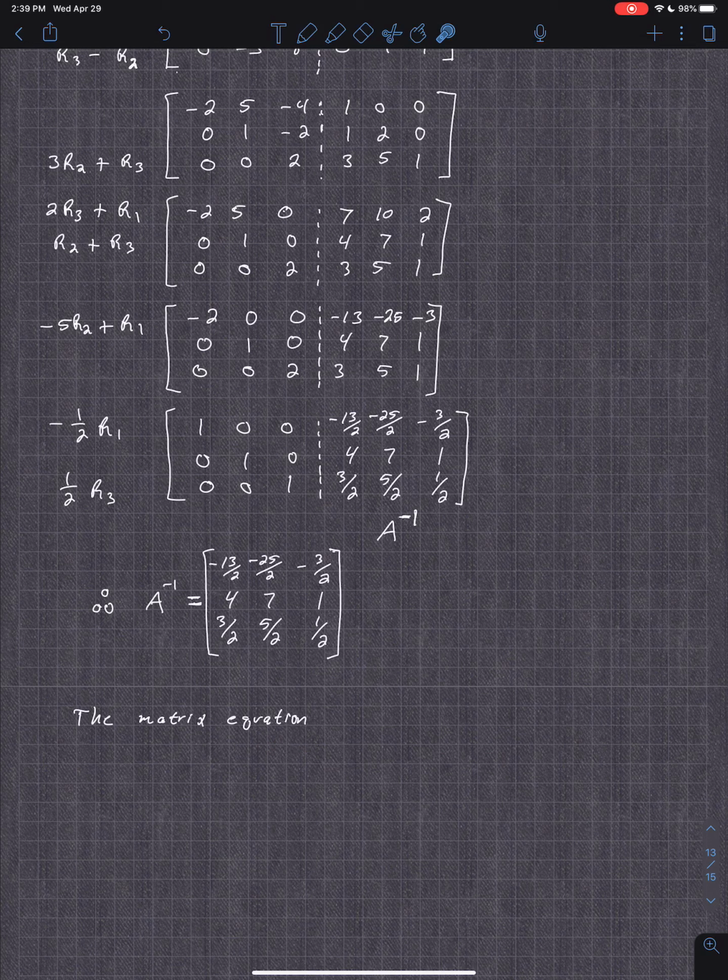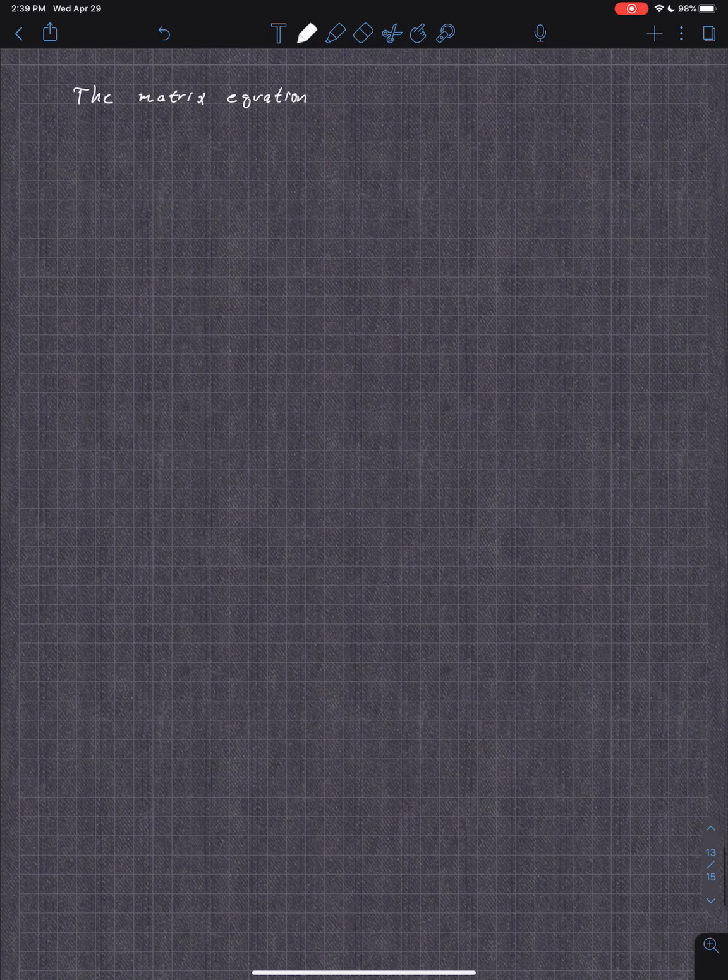All right, so let's talk about that. So the matrix equation looks like this. We're going to use this form AX equal to B, where A is a matrix and B is a column vector.